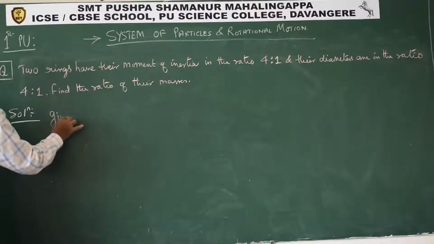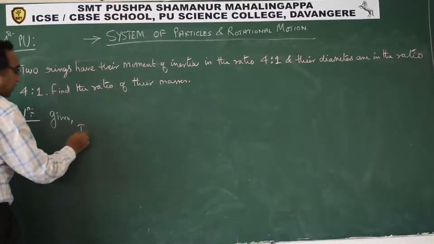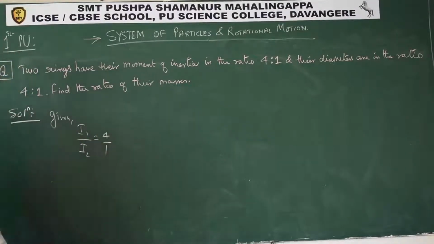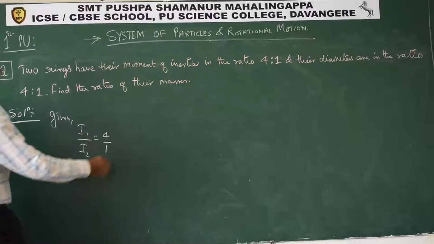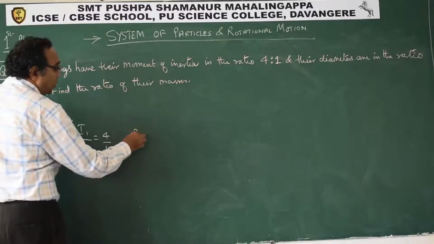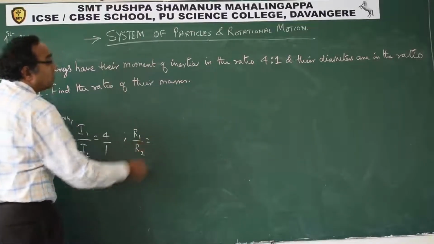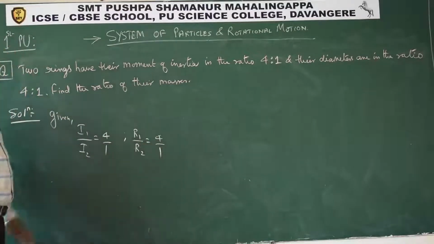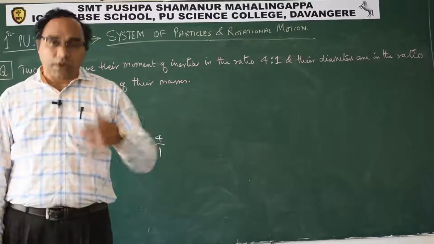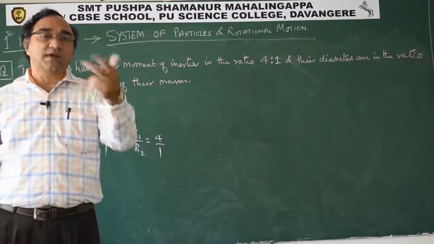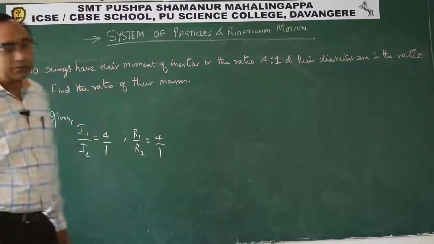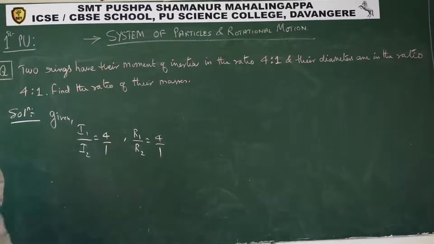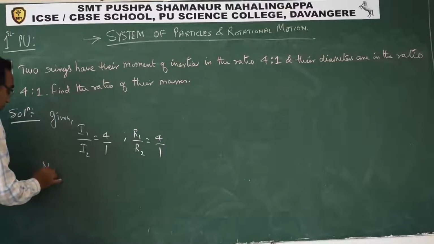Given ratio of moment of inertia I1 by I2 is given as 4:1 and their diameters, so we can say ratio of the radius also R1 by R2 is also 4:1 because diameter is what? Twice the radius. So 2R1 by 2R2, 2 cancels out. So we get R1 by R2 as 4/1.